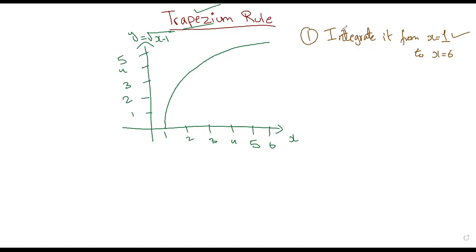We are clear that we can integrate this curve from x equals 1 to x equals 6 to find the area under it. But if the question says to approximate, or if the examiner asks you to use the trapezium rule directly, we'll be using the trapezium rule to find the area under this curve.